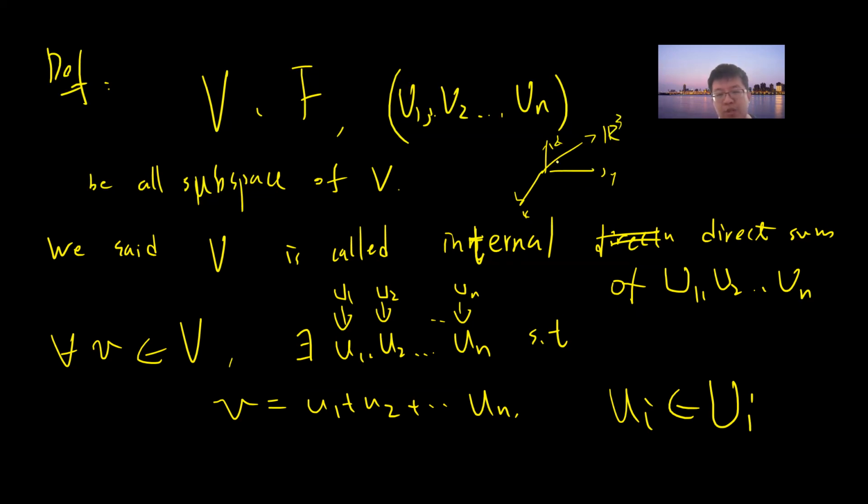So you can take U1 as the span of the x-axis, the span of the y-axis, the span of the z vector, and R3 can decompose. This is the idea of basis, and we will talk about it next time. But in this video we just call it internal direct sum.